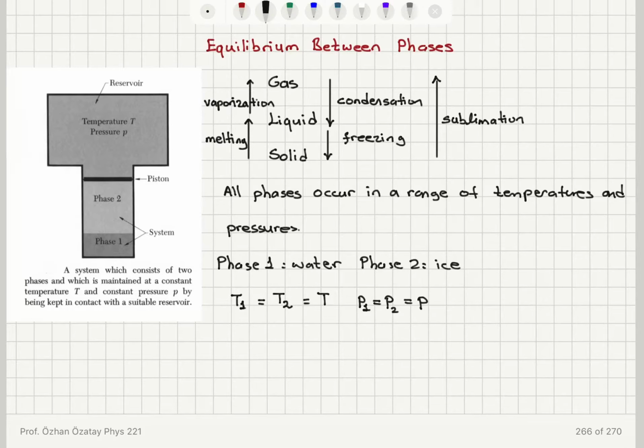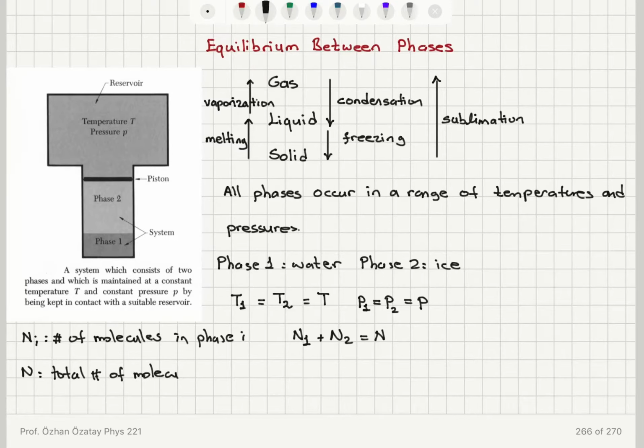And if I look at Ni, the number of molecules in phase i, then I have the number of molecules in phase 1 plus the number of molecules in phase 2 equaling the total number of molecules, N. So capital N is the total number of molecules, and that must be a constant.